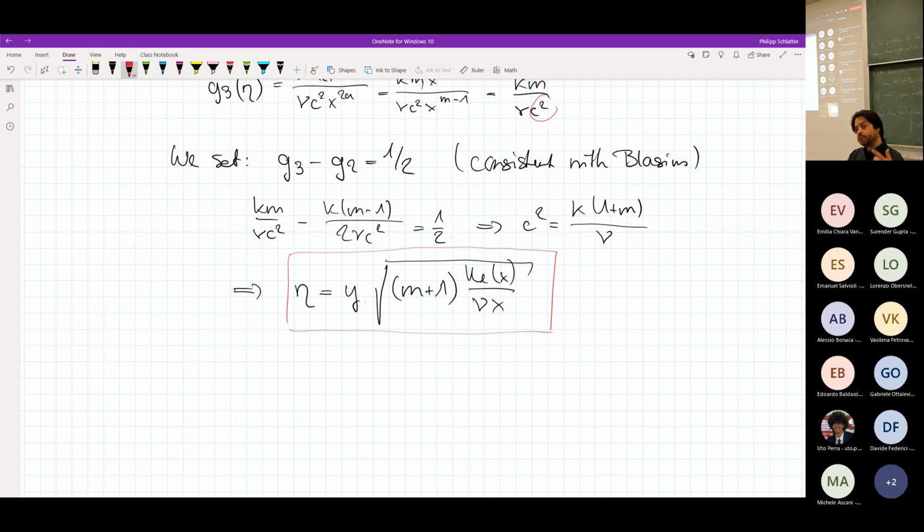And now if you think back to what we did with Blasius, we were essentially introducing this eta into the boundary layer equations. And if you remember, there were a lot of chain rules and so on for replacing all the derivatives in such a way that we introduce this eta.